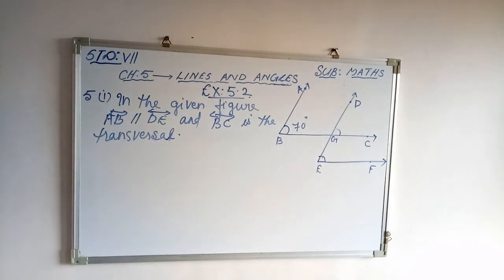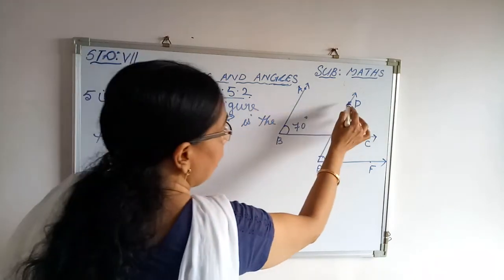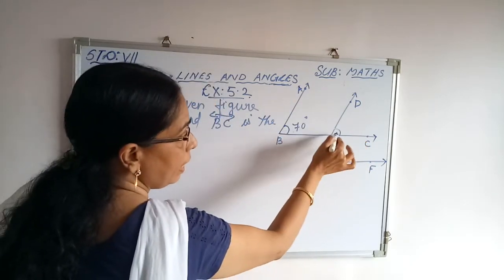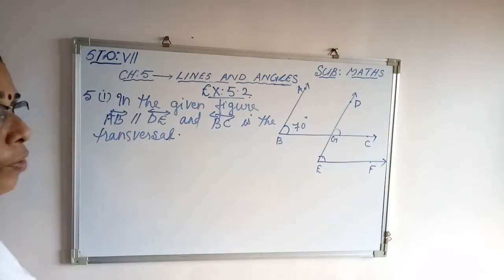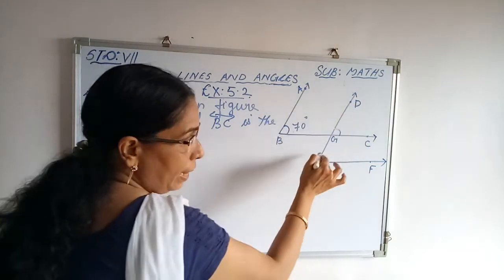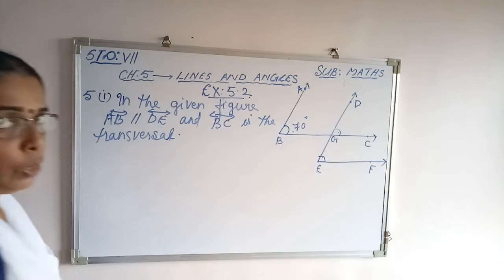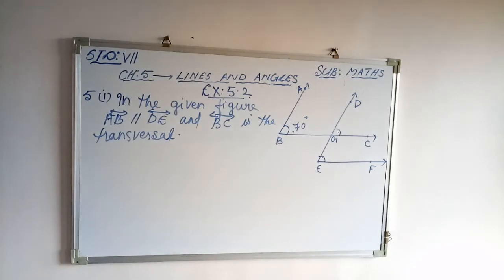Now see, angle DGC and angle ABC, which type of angles? DGC and ABC, 70 degree, and this angle, which type of angles? Two parallel lines intersected by a transversal. These two angles, we know they are the corresponding angles.